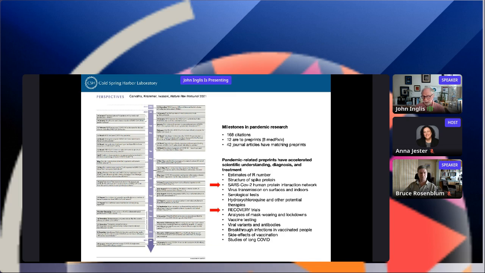The red arrow next to the protein interaction network simply reminds me to say that that paper, posted on bioRxiv I think in around March of last year, was a sudden collaboration between a number of research institutes in California who got together essentially to try to identify proteins within human cells that were targets of the virus.